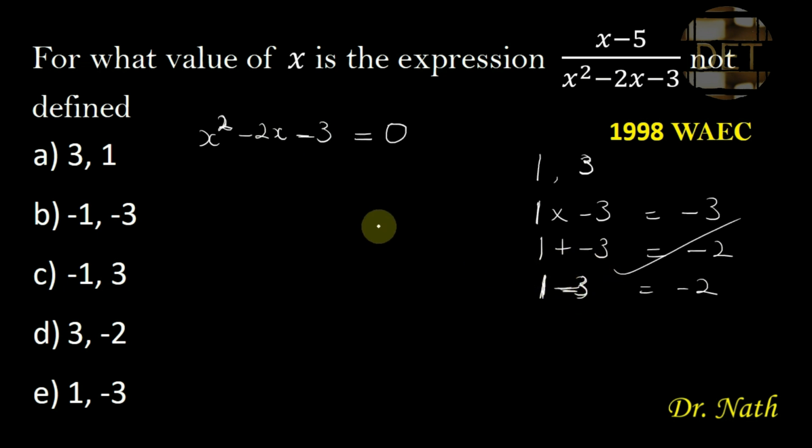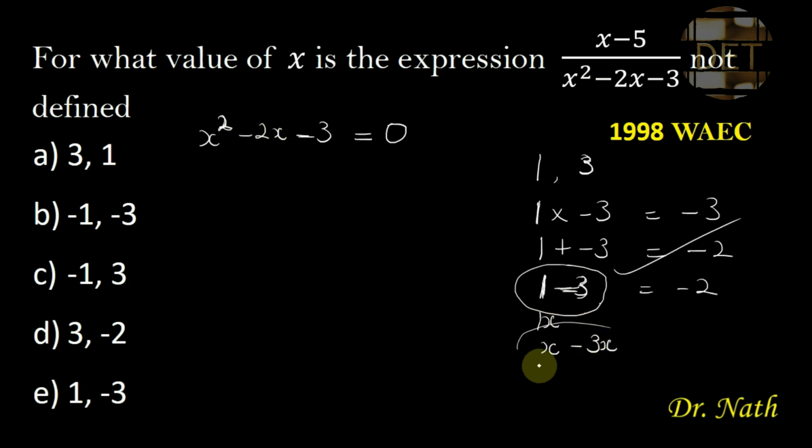What I'm going to do next is replace this -2x with these factors. My 1 here will be 1x, and in maths we don't write 1x, we just write x, so it will be x - 3x. These factors that I've gotten, x - 3x, will replace this -2x.